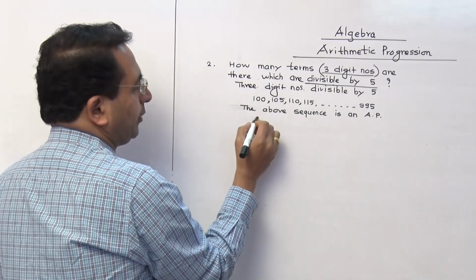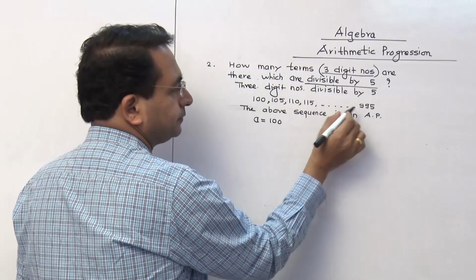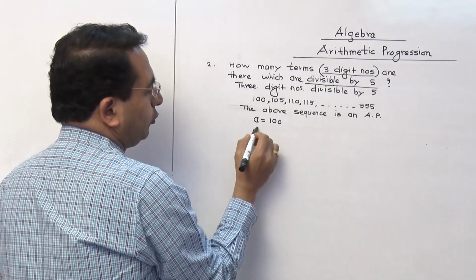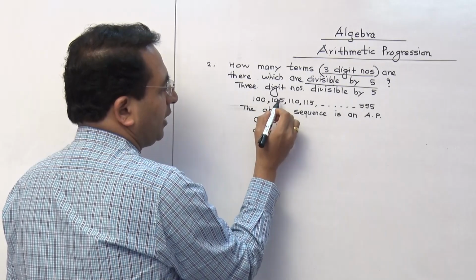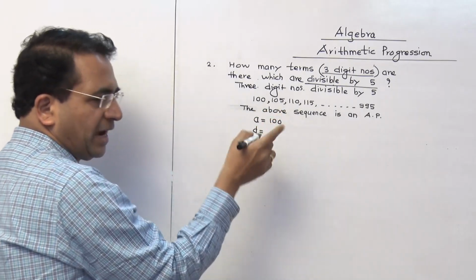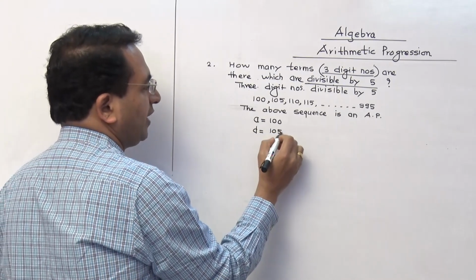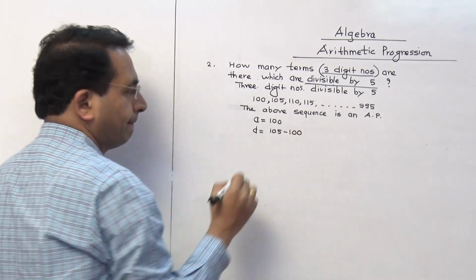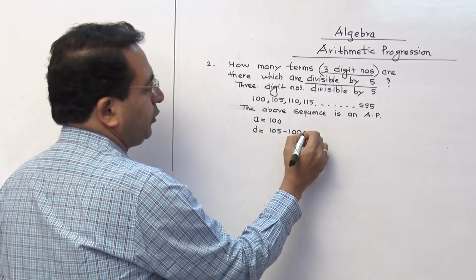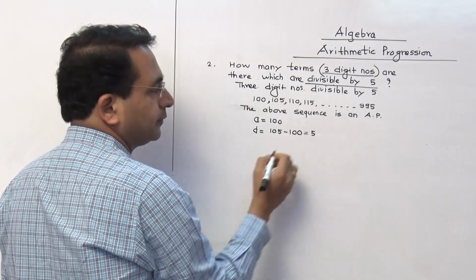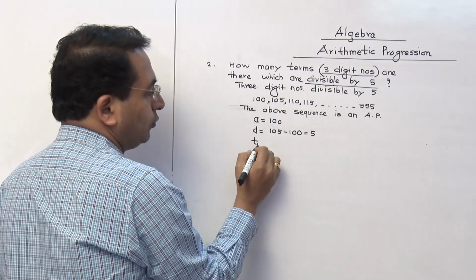For that arithmetic progression, A means the first term, that is 100. Now we have to go for the common difference. For the common difference we use the formula: any term minus its previous term. That is 105 minus 100. Correct? And that answer we are going to get as 5.